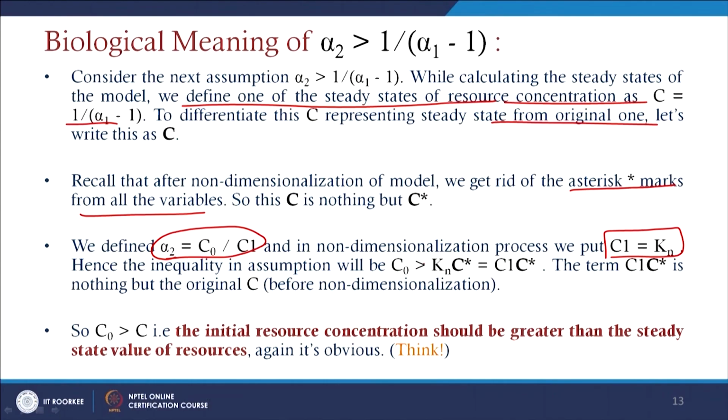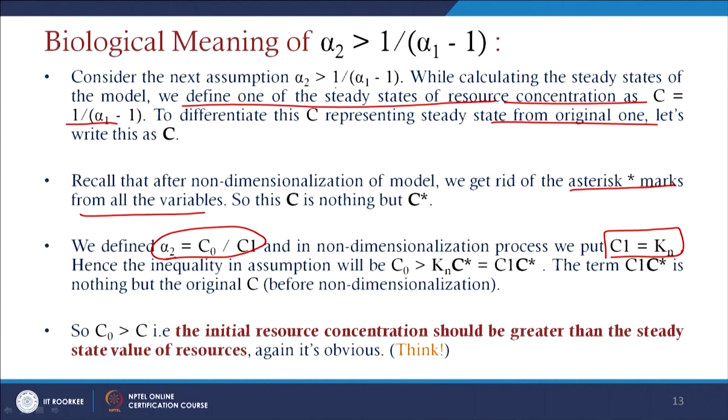In the last lecture slides, we kept C1 equals to Kn there, and hence this inequality for these assumptions, if you put here, C0 is greater than Kn C star here, since alpha 2 we are writing as C0 by C1, and alpha 2 is greater than 1 by alpha 1 minus 1, and C is representing the steady state for that one.